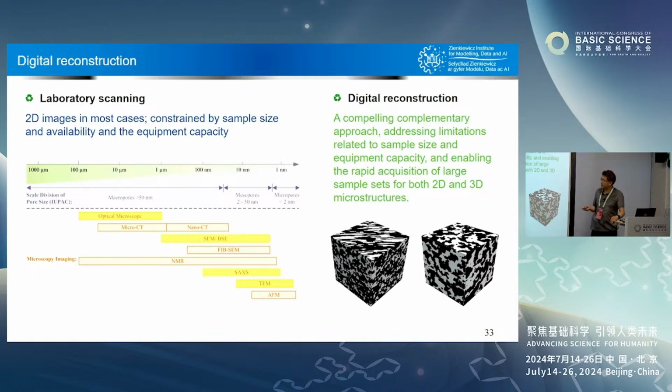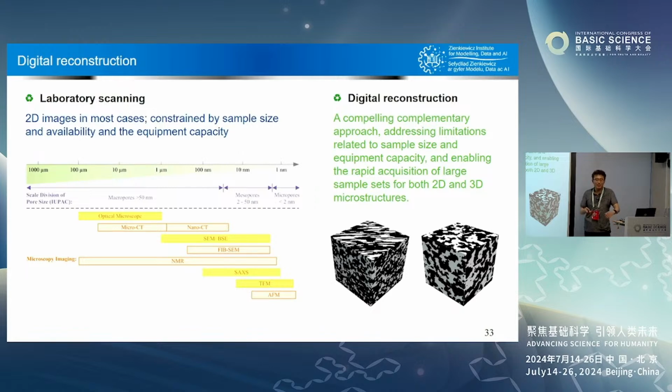What people take directly from microscopes is used as a structure, at least for 2D. If you have an X-ray CT, you can even get the structure just from the scanning image.